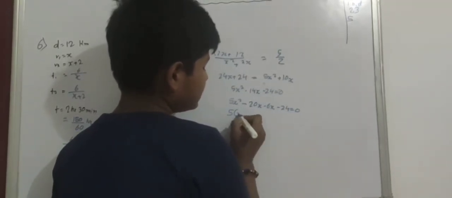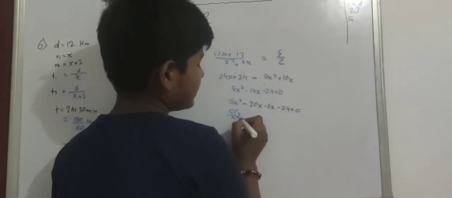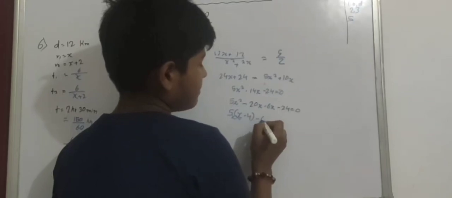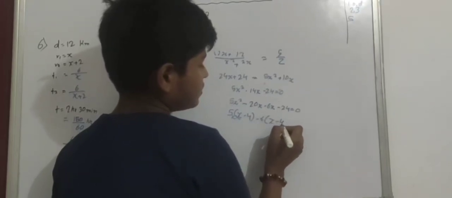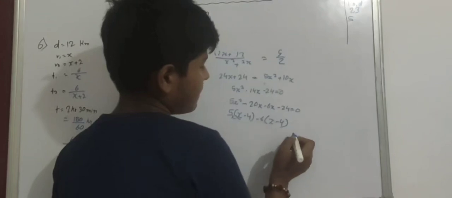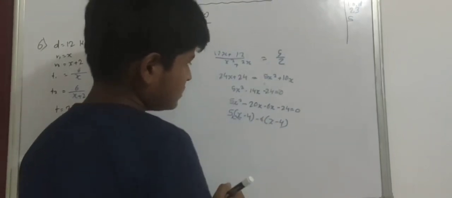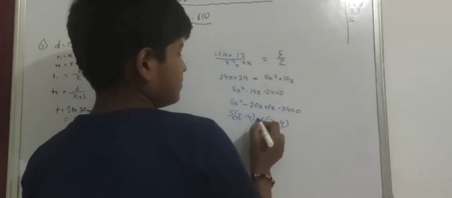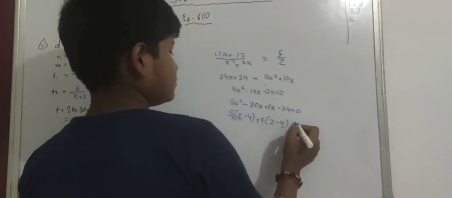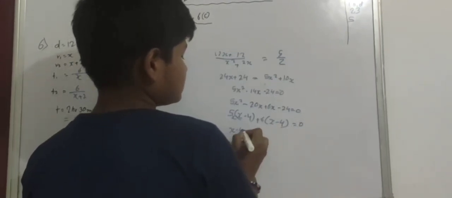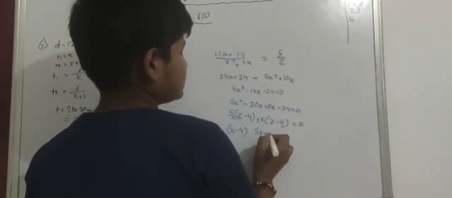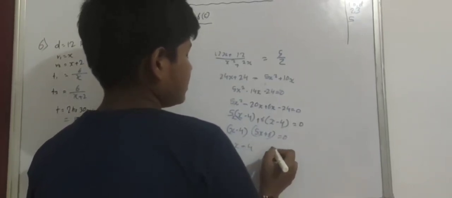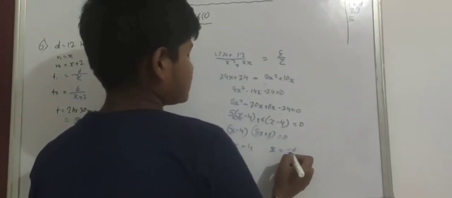So 5x will be outside, x minus 4, minus 6 x minus 4 is equal to 0. So you have x minus 4 and 5x plus 6 as the two factors is equal to 0. Now we have x is equal to 4 and x is equal to minus 6 by 5.